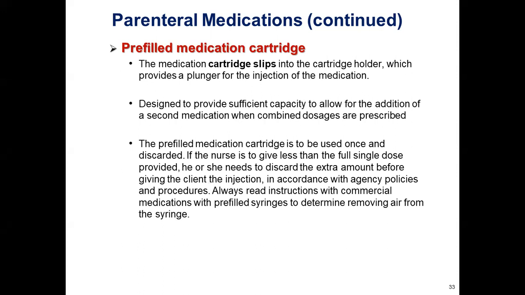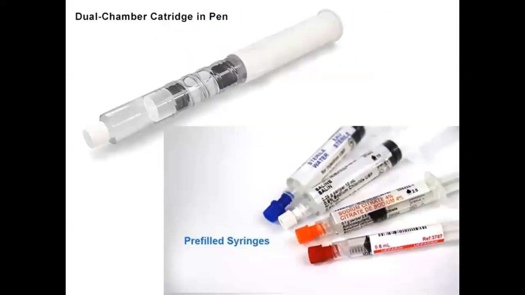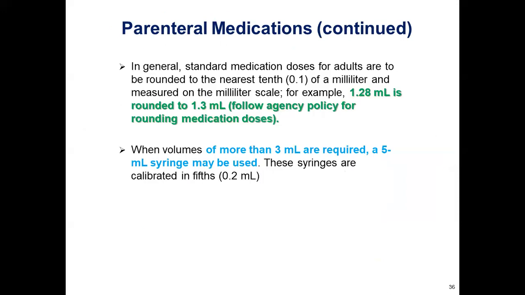Always read the instructions with commercial medication, also with prefilled syringes, to determine whether to remove the air from the syringe. Now, in general, the standard medication doses for adults are to be rounded to the nearest tenth of a milliliter on the milliliter scale.